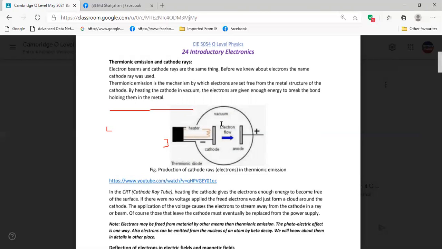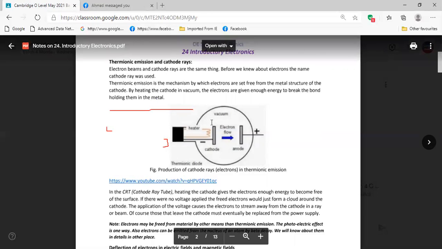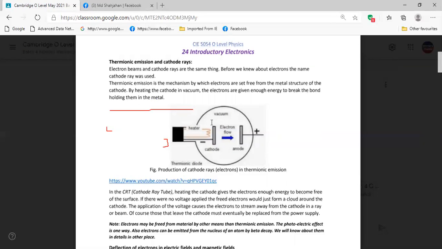Now you see there is an important thing here. The amount of electrons coming from the battery, the same amount won't go back to the battery. Here we are getting the heater. You see hot filament, right? And due to this high temperature, we have the free electrons in the metal, right?